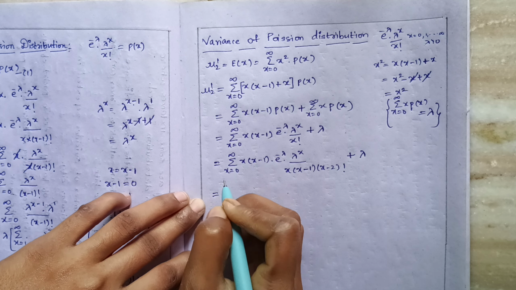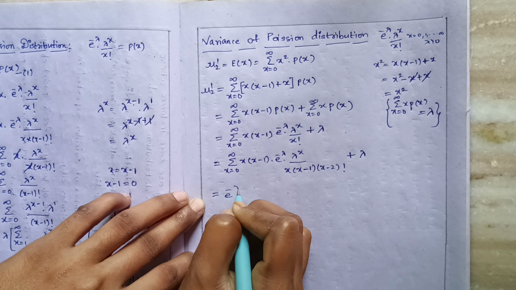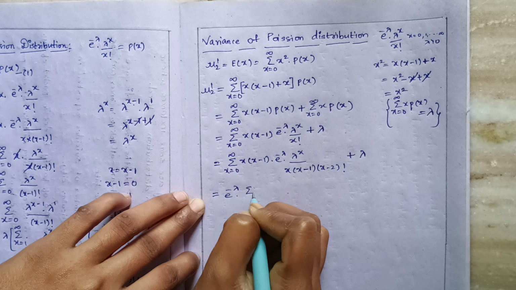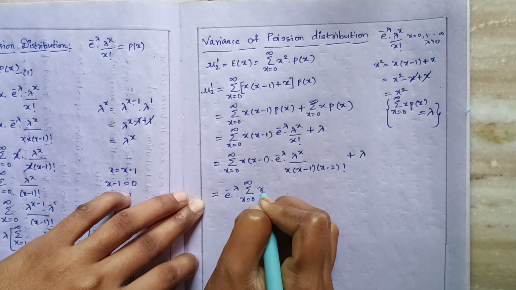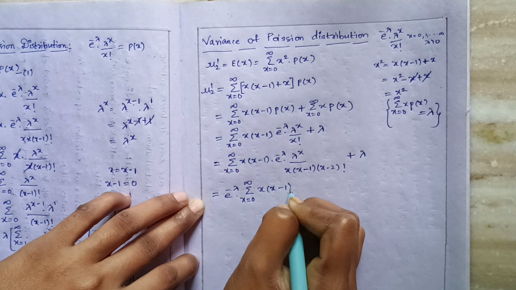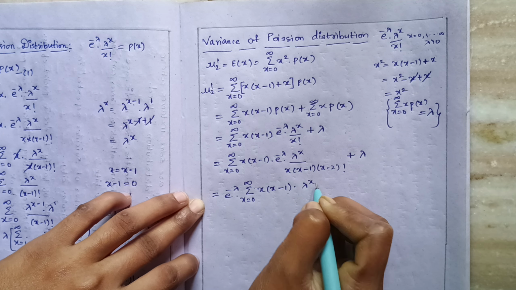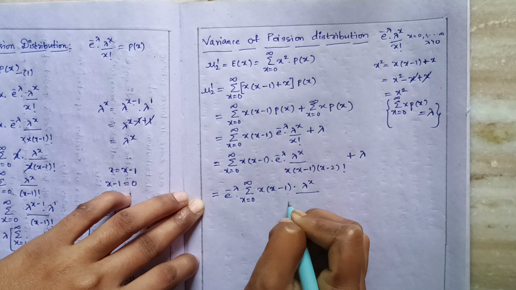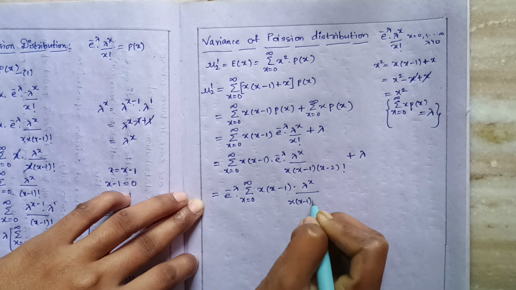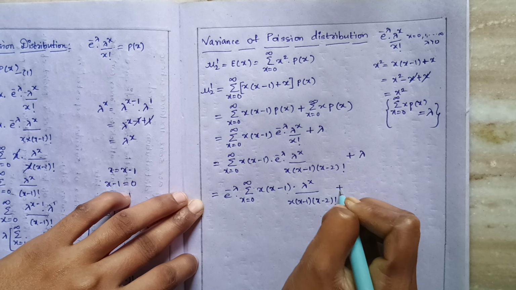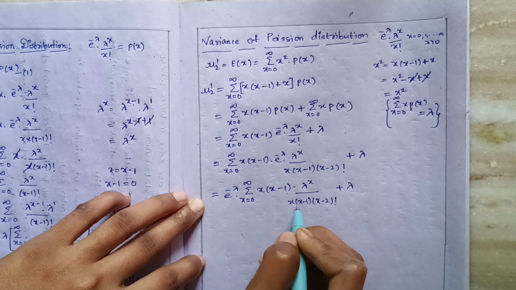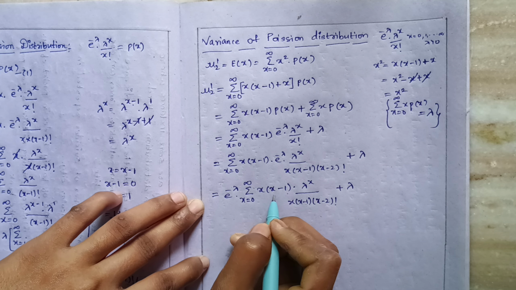So I am writing this on the outside. Therefore e to the power of minus lambda into summation x is equals to 0 to infinity x into x minus 1 into lambda to the power of x by x into x minus 1 into x minus 2 factorial, plus lambda. So I can cancel this x into x minus 1 and x into x minus 1.